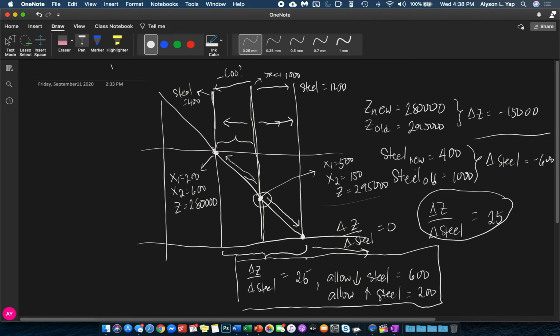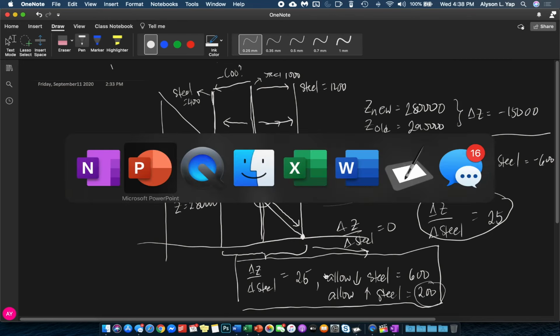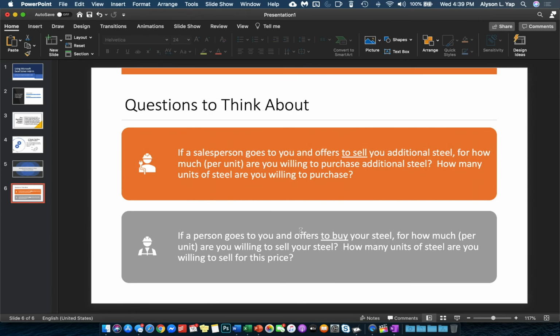So you are willing to purchase additional steel at the highest price of 25. But you are only willing to purchase 200 additional steel, because this change in Z over change in steel of 25 is only effective up to a positive or plus 200 units in steel.